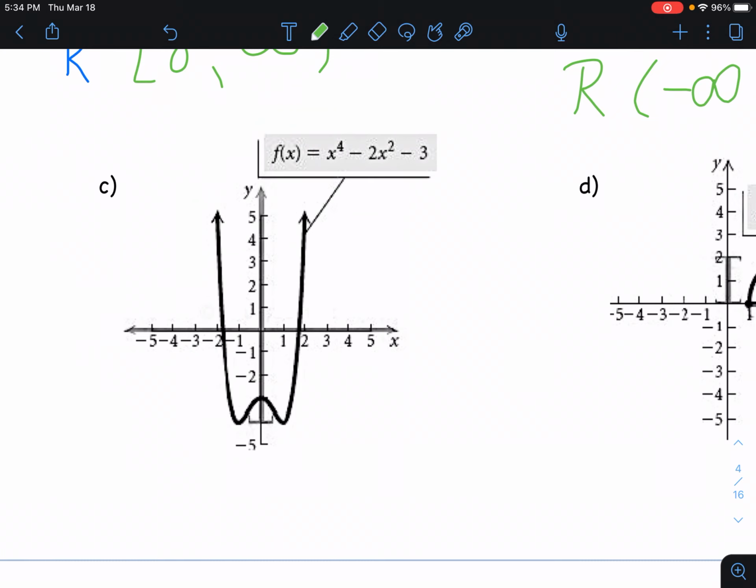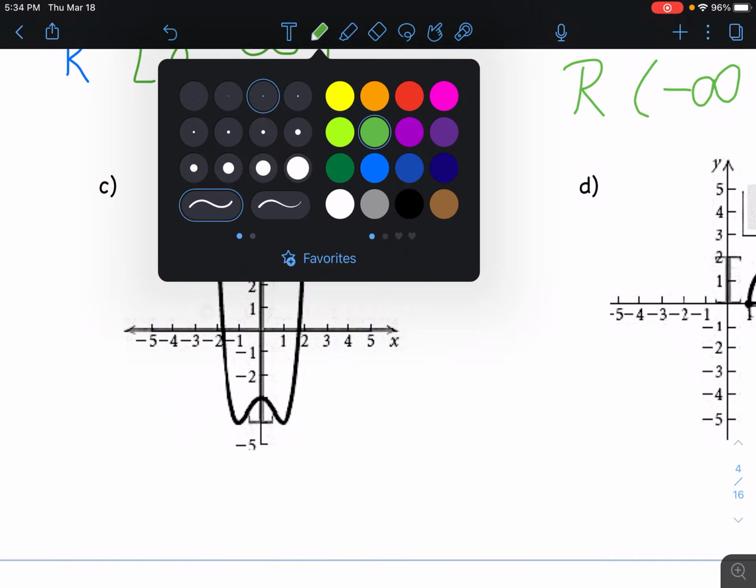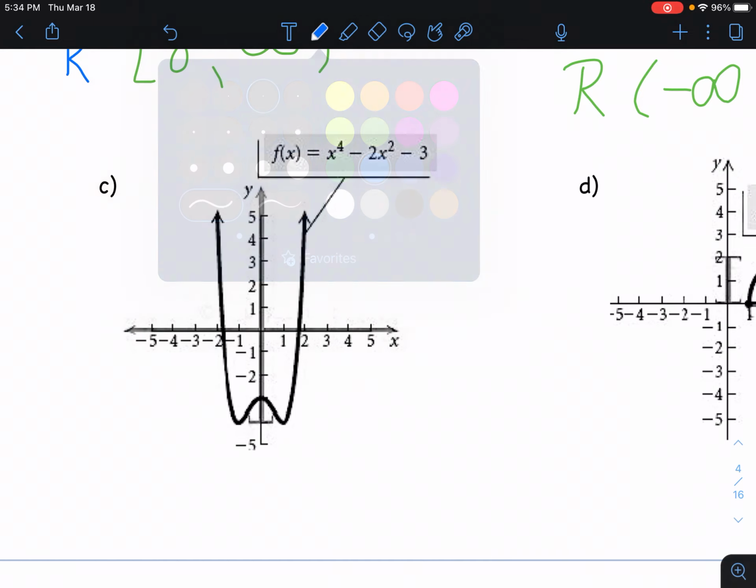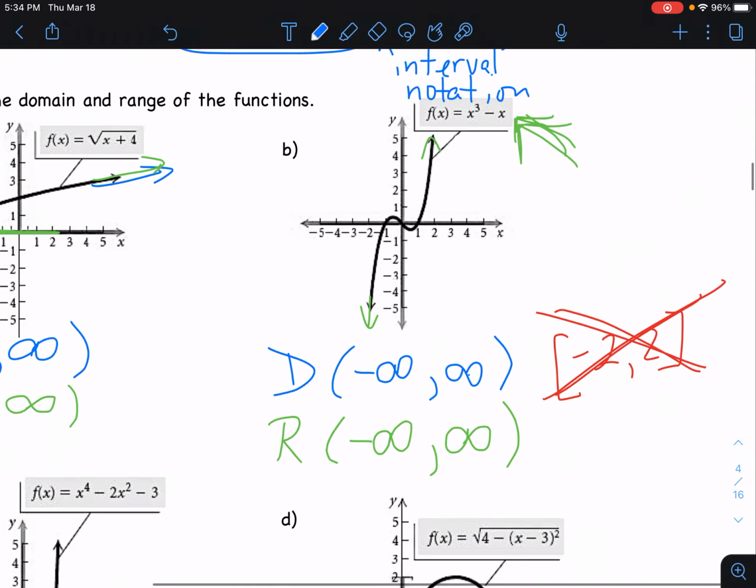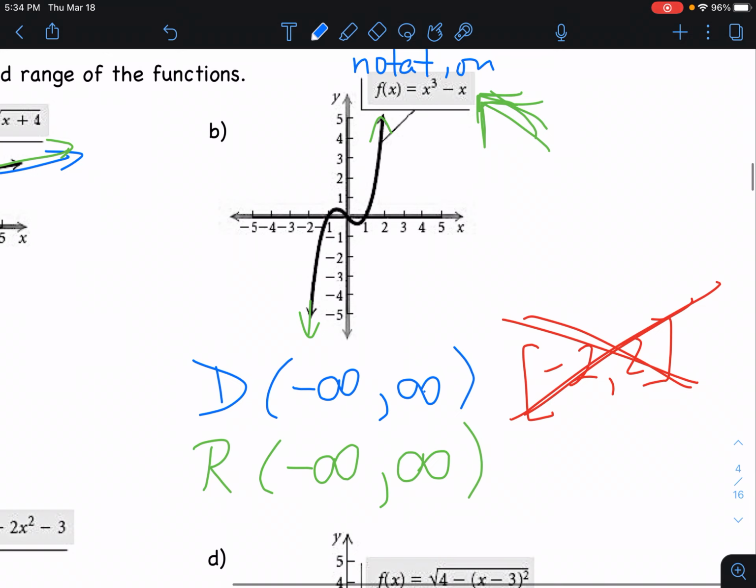Okay, let's take a look here at domain and range. Oh, I should clarify here, when I was talking about the -infinity to infinity by looking here at the equation, that actually just had to do with the domain, not the range.